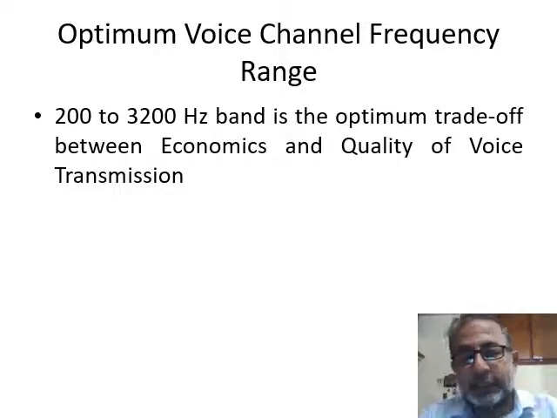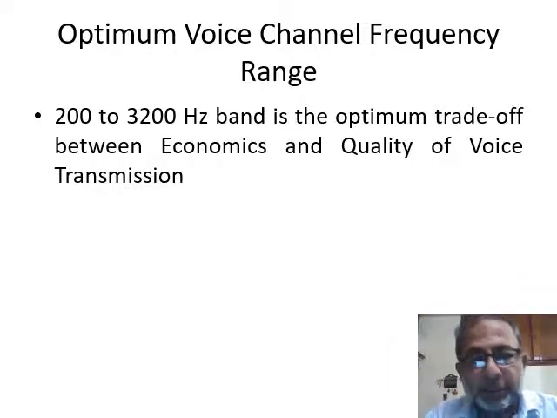Basically, the capacity of the human ear is from 0 to 20 kilohertz, and there is a wide band of frequencies that a human can generate. Although there is a little difference in the ranges of females and males, because males have a somewhat lower band, while females have a higher band.